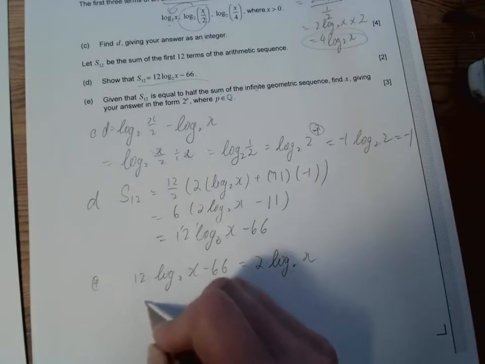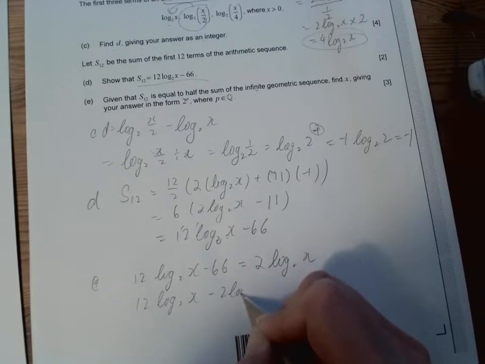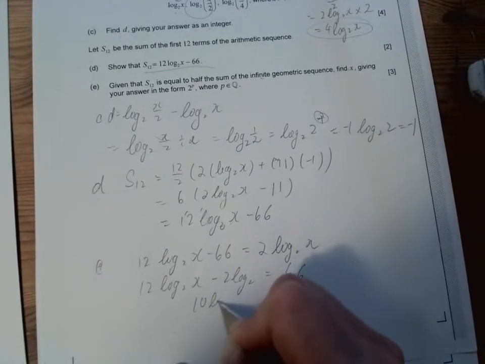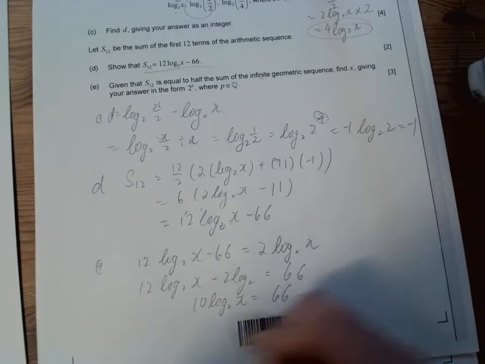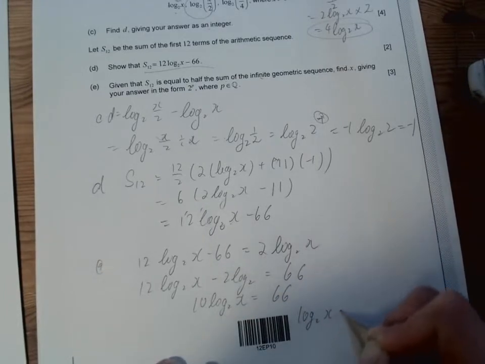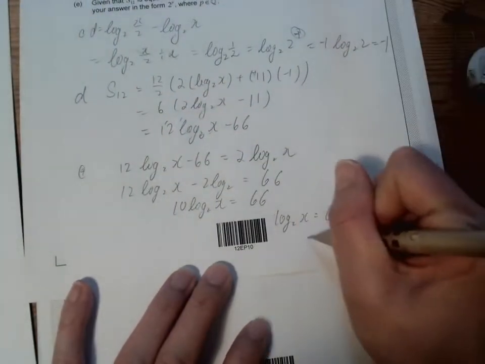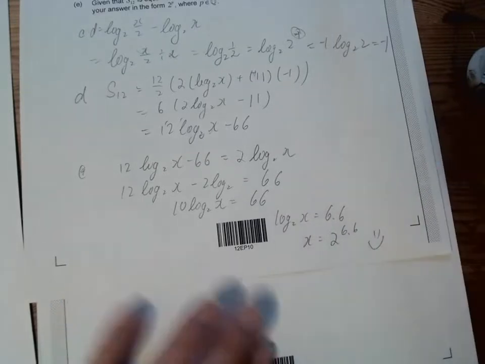So we have 12 log 2x minus 2 log 2x equals 66. So then we have 10 log 2x equals 66. So log 2x equals 6.6. Moving a bit more, x should equal 2 to the power 6.6, and that is the answer. Nice and easy.